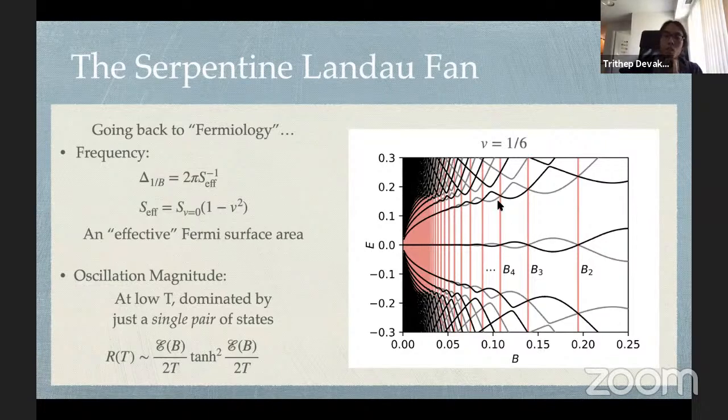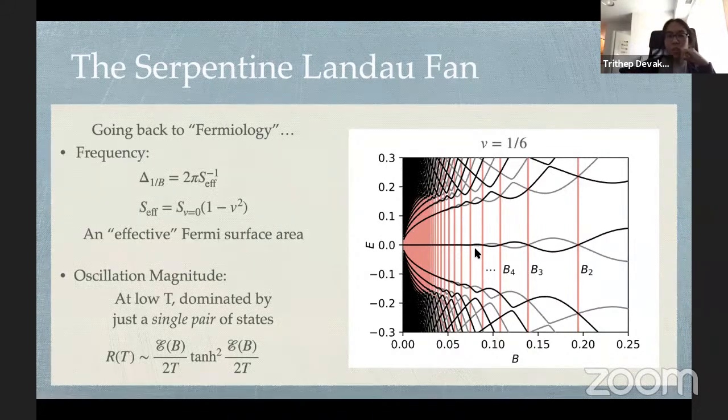at low T, or also any temperature where there's quite a big energy gap between the zeroth energy eigenstates and the zeroth Landau level, and like the first one and the second one and so on. So if we're in the temperature range where the temperature is smaller than this gap, all our oscillations are going to be dominated by the movement of a single pair of eigenstates.